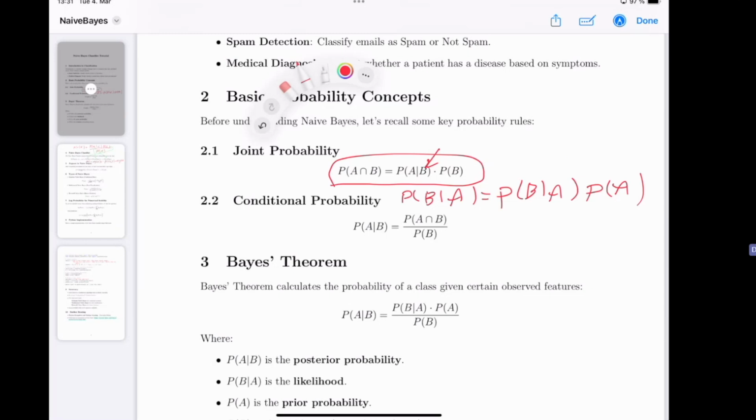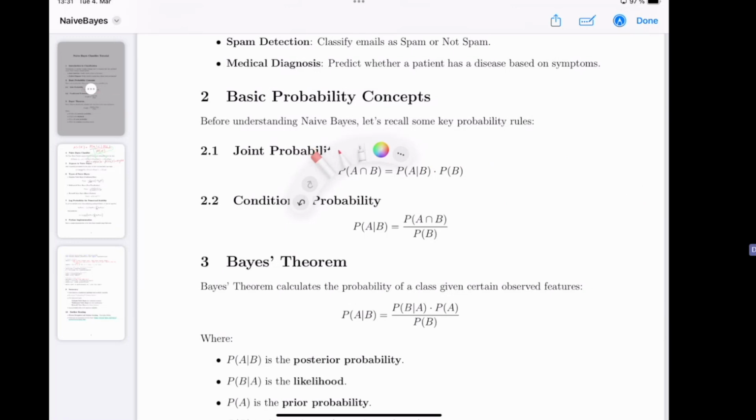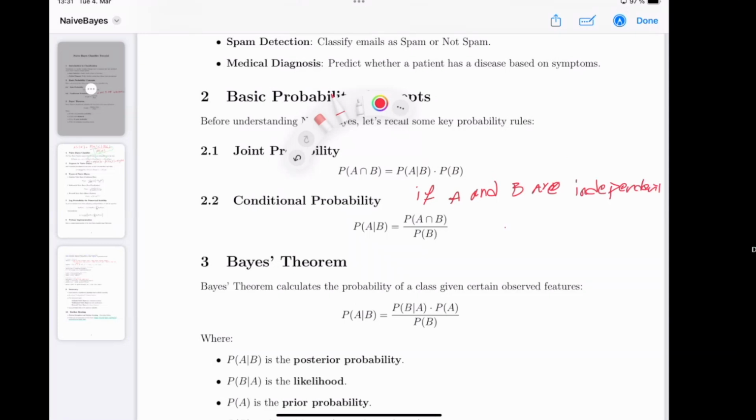But in case of independence, if A and B are independent, then P of A given B is equal to what?